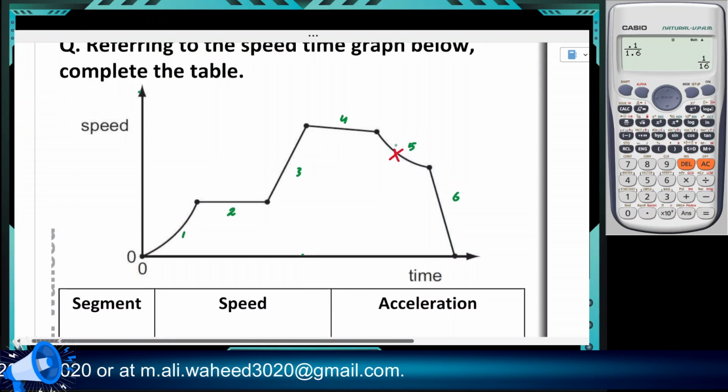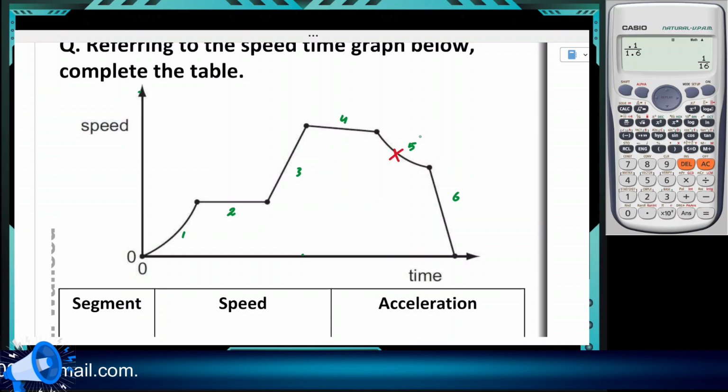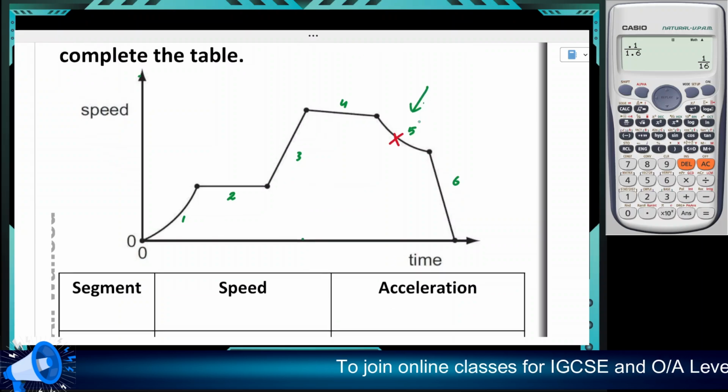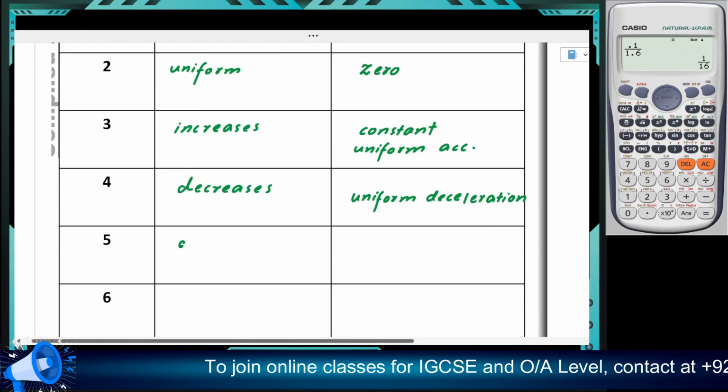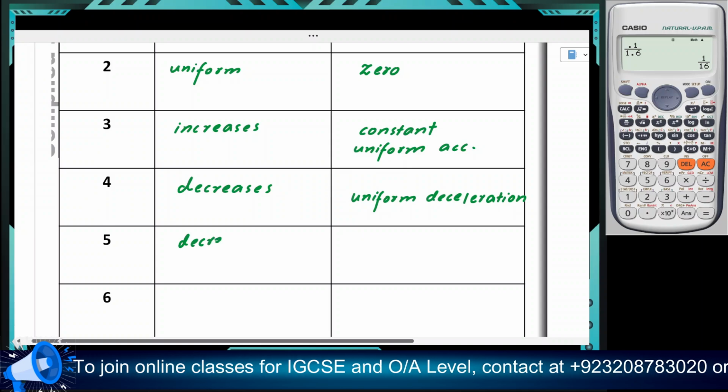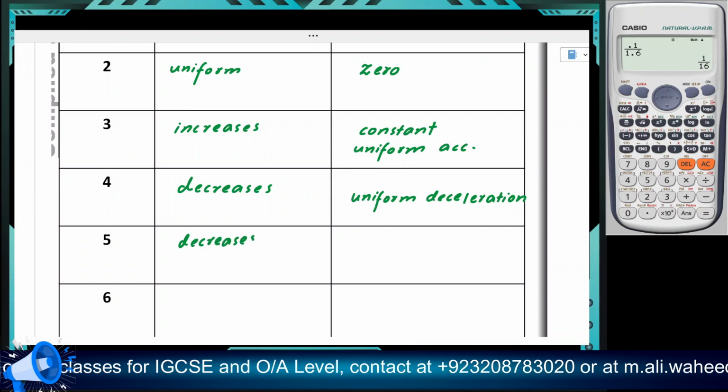Okay, let's take a look at part 5. This is kind of tricky. Now, first of all, what happens to the speed? Is the speed increasing or decreasing? Sir, decreasing. Okay, the speed is decreasing. Let's write it down first. The speed decreases.